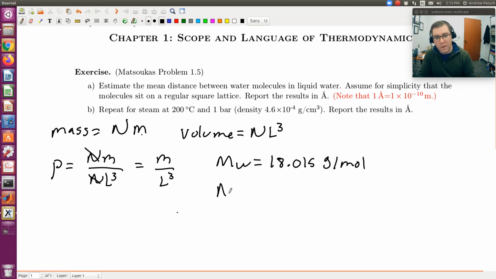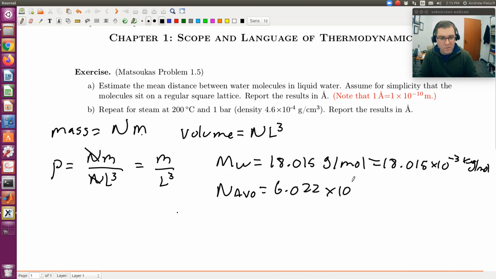And then also N Avogadro. We also said that if I want kilograms, that's 18.015 times 10 to the negative 3 kilograms per mole. N Avogadro is equal to 6.022 times 10 to the 23. And SI units are inverse mole. Really, you could think of it as molecules per mole, but I'm just going to write it as inverse mole.